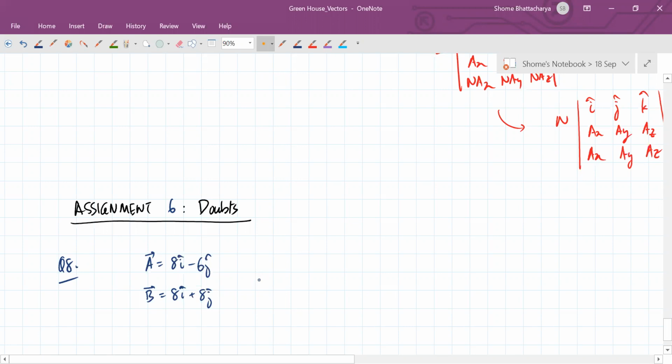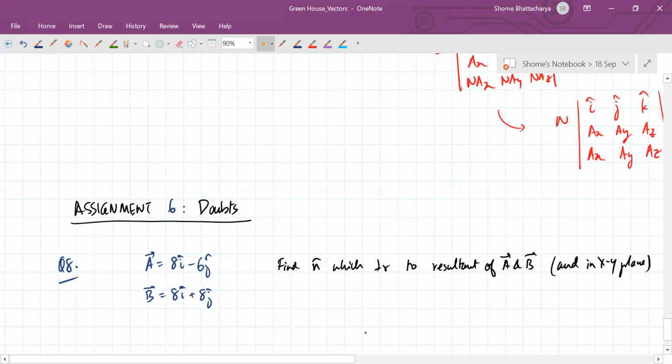Now we have to find the unit vector, let's say n cap, which is perpendicular to the resultant of A and B, and in the xy plane. So our unit vector should be in the xy plane.